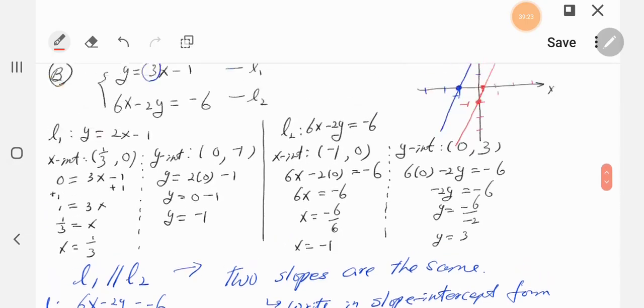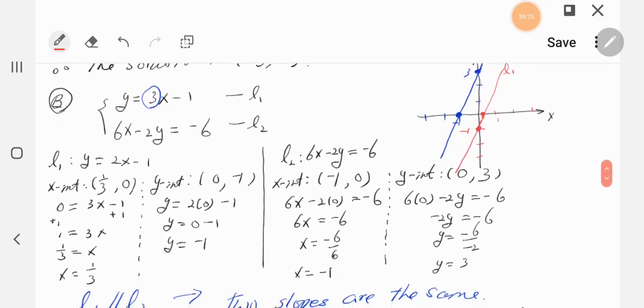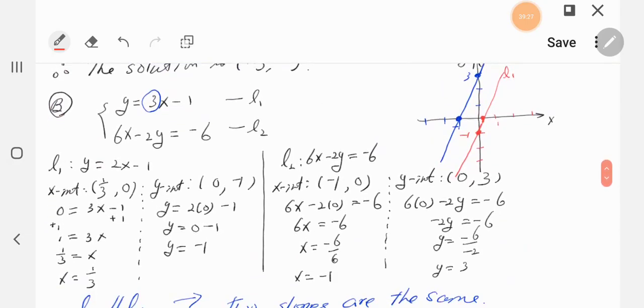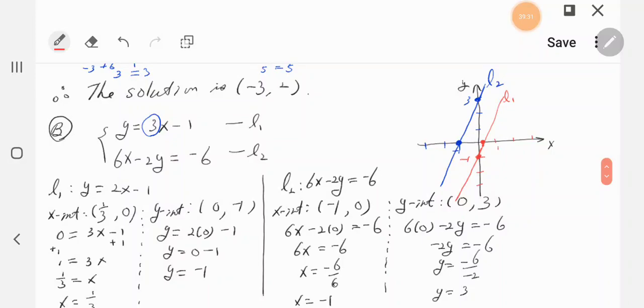All right. Once you sketch the graphs of two lines, in this case the two lines look parallel, but we never know. So in order to find whether two lines are parallel, rewrite the equation in slope-intercept form so that we can just check the slopes.